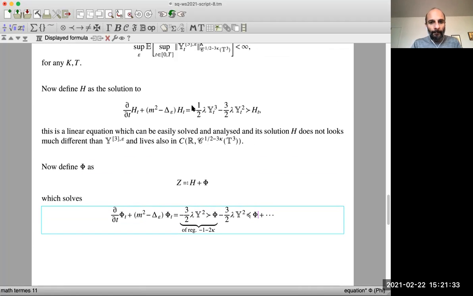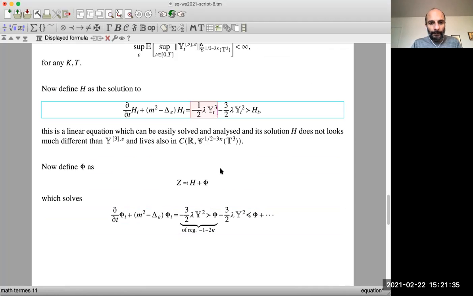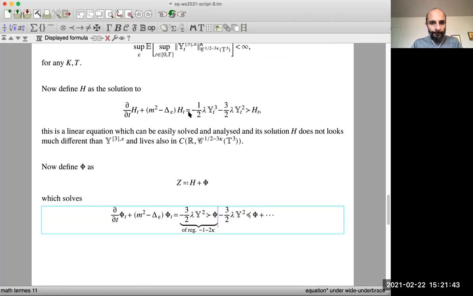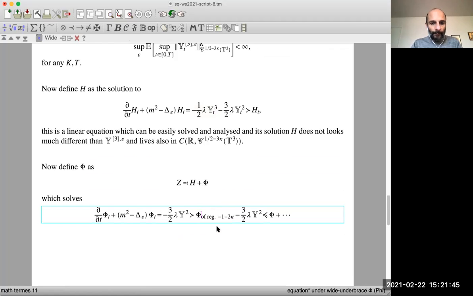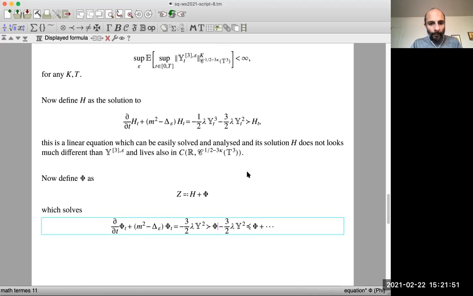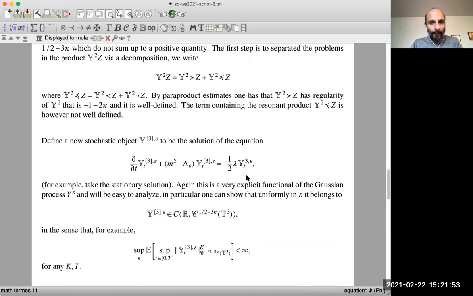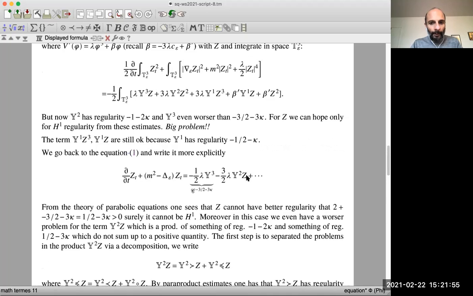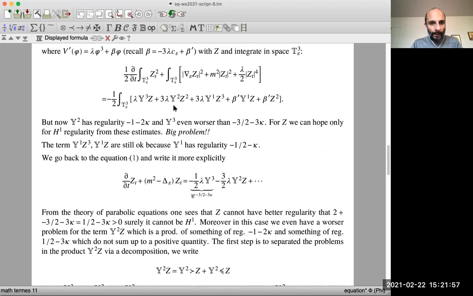Of course, this term disappeared because it's the same in Z and in H, and the rest remains because it's linear. So let me remove all this blah blah here, and let me copy the rest, because this equation will play a role. I need to have all the terms. So what did I forget? I forgot these linear terms.